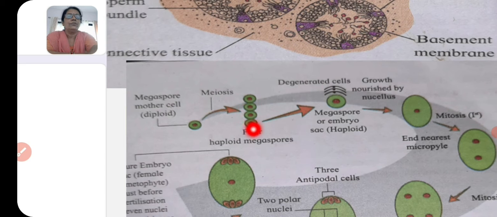Due to that, 4 megaspores are produced. Out of that, the 3 present above degenerate. Then 3 successive mitotic divisions take place.